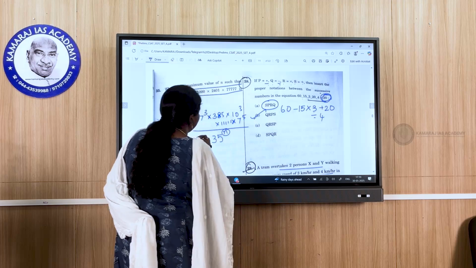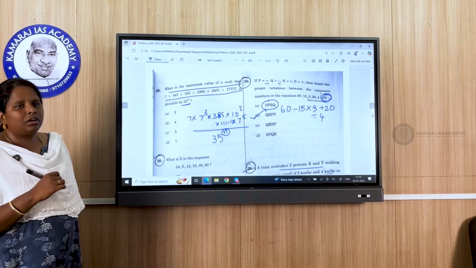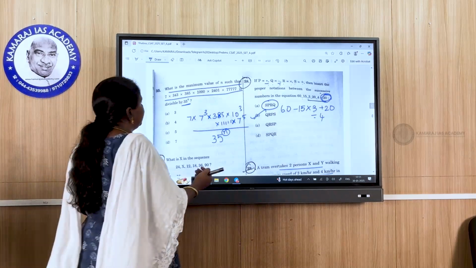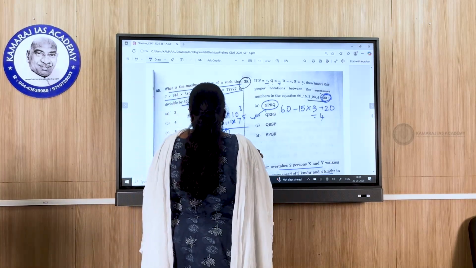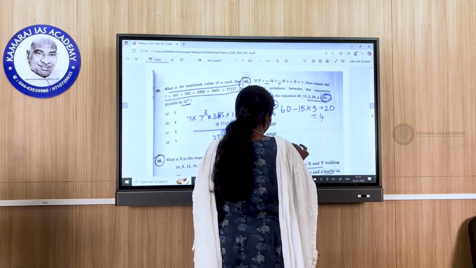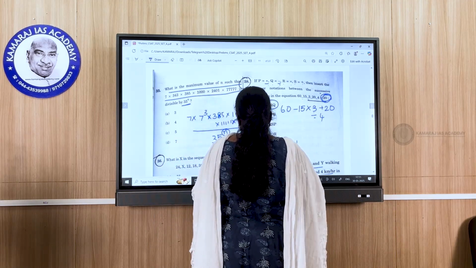So how many n values of factors do we have, right? So you can split this number into 7. Again I can get 7 cube, and again 5 into 7 into 11.